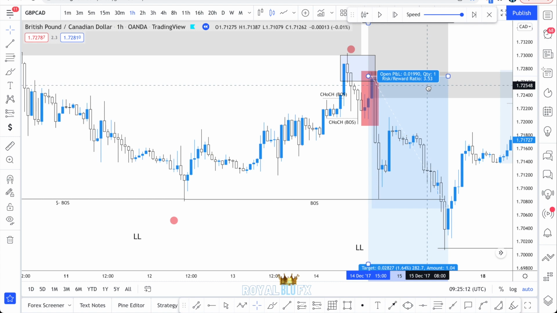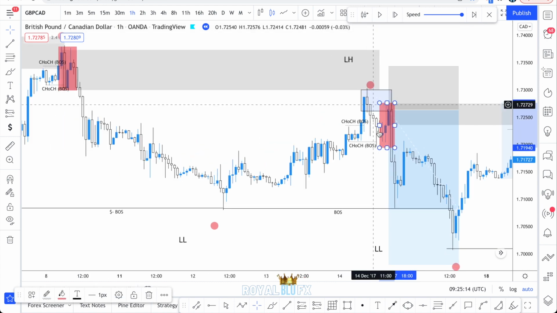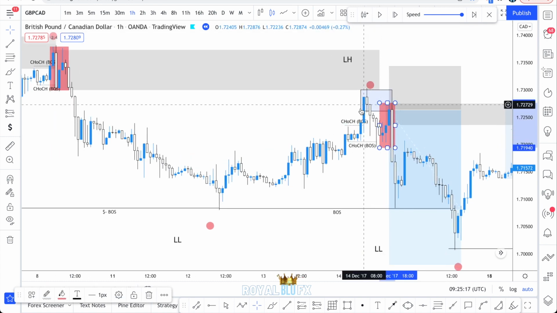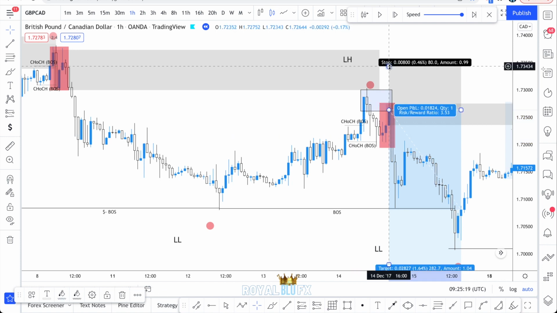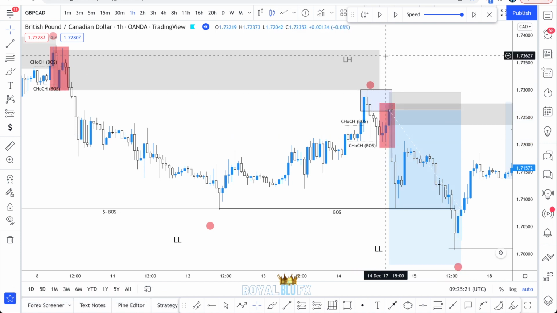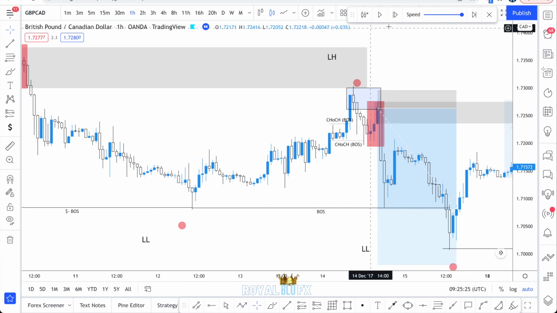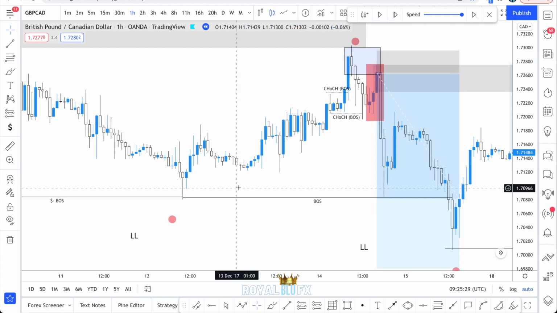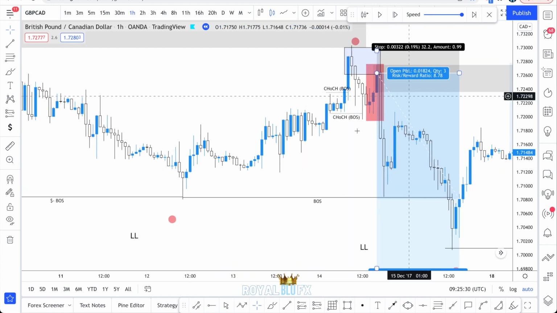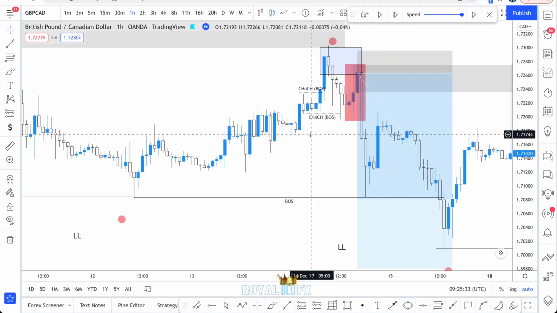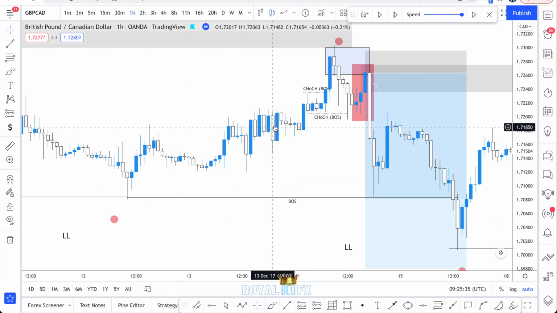When you do a confirmation entry, essentially you're waiting for the market to change direction, and you're exposing a little bit of your risk as opposed to the risk entry.